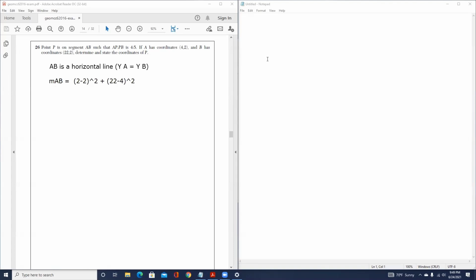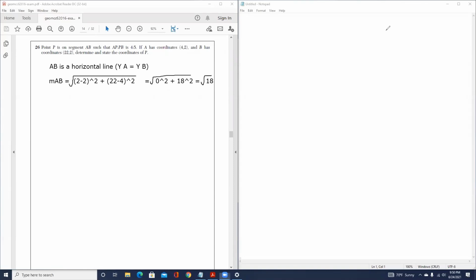In this case, the 22 comes from the x-coordinate of B, and 4 is the x-coordinate of A. Doing this and plugging this into your calculator will get 18.